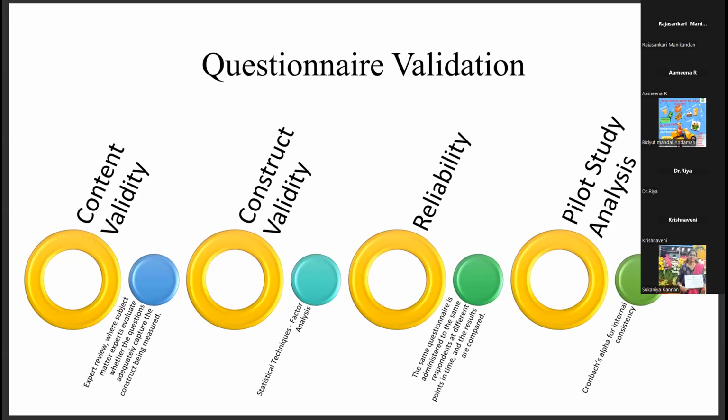The second is construct validity. What is construct validity? Statistically speaking, a construct is nothing but a factor. You can say factor and variables, or construct and items. Both are the same, so don't get confused.